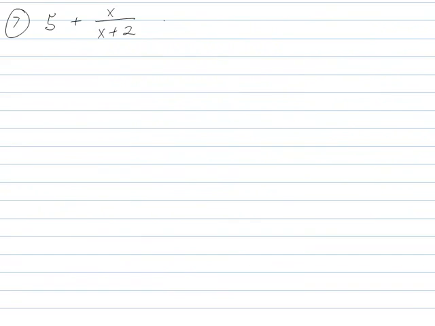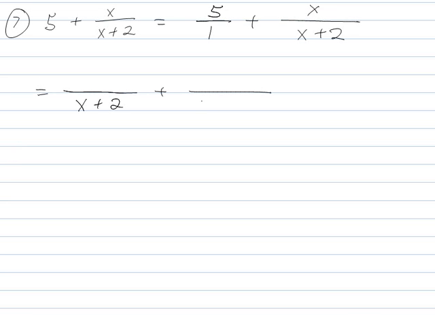This is similar to a problem we had earlier. We need to recognize that 5 is 5 over 1. Like that. And then to say, okay, so my common denominator is going to need to be that x plus 2. So he stays the same. I have an x plus 2 here, so I have to multiply the top and the bottom of this guy by x plus 2.